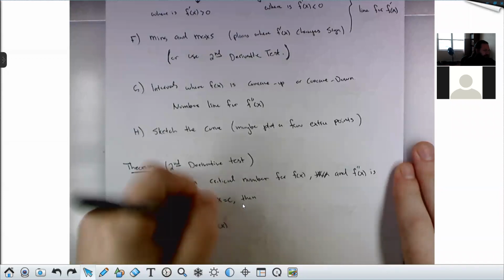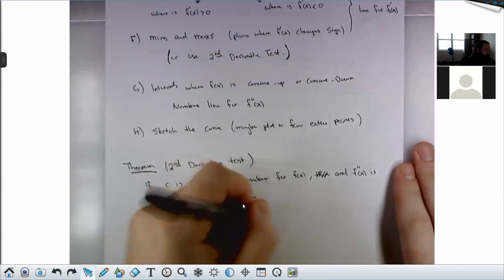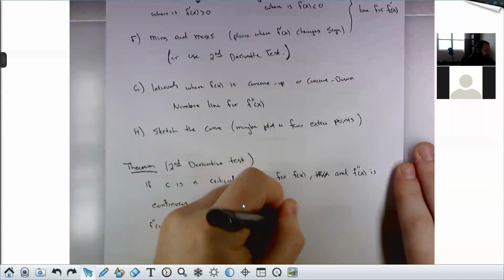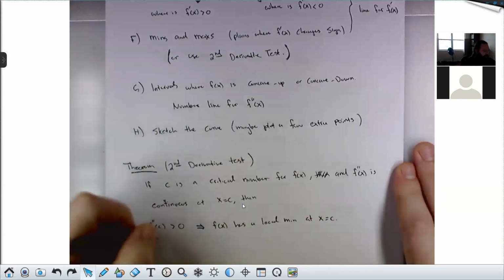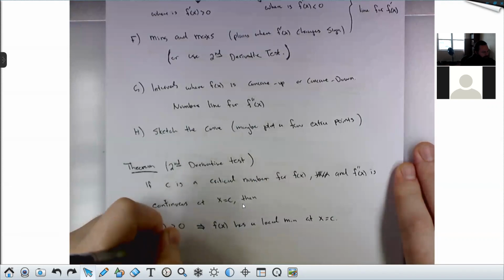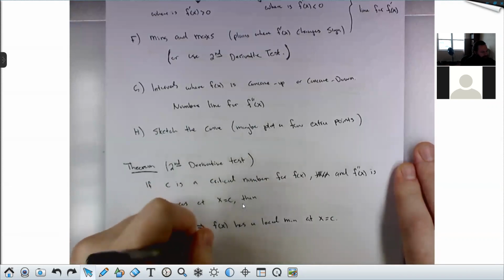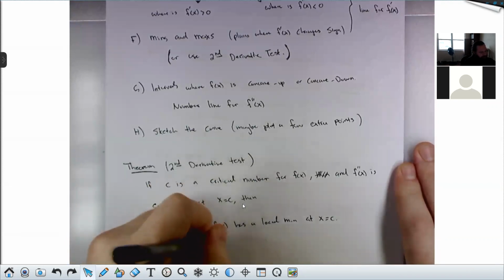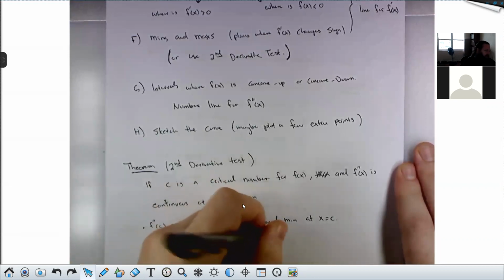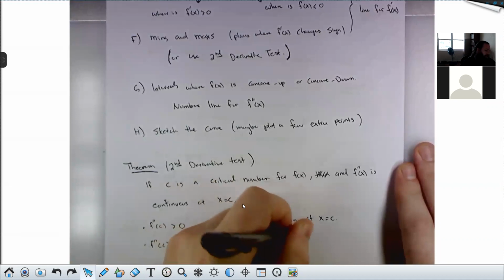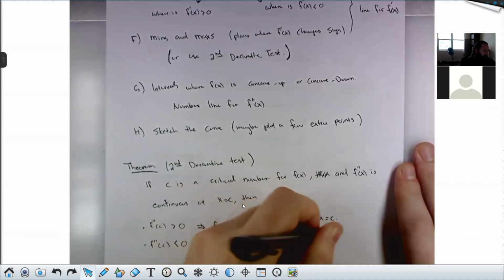So f of x has a local min at x equals c. And if f double prime of c is negative, that means f of x has a local max at x equals c.